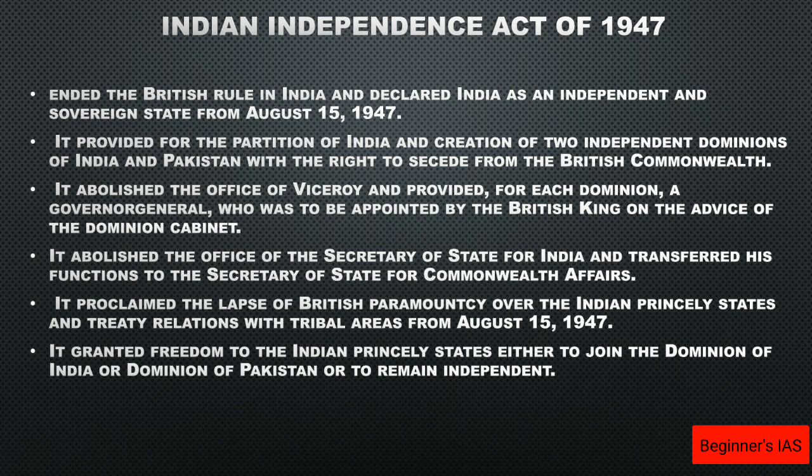They either can join India or Pakistan or remain independent. But it provided for the governance of each of the dominions and provinces by the Government of India Act of 1935 till the new constitutions were framed. And according to that, the dominions were, however, authorized to make modifications in the act.